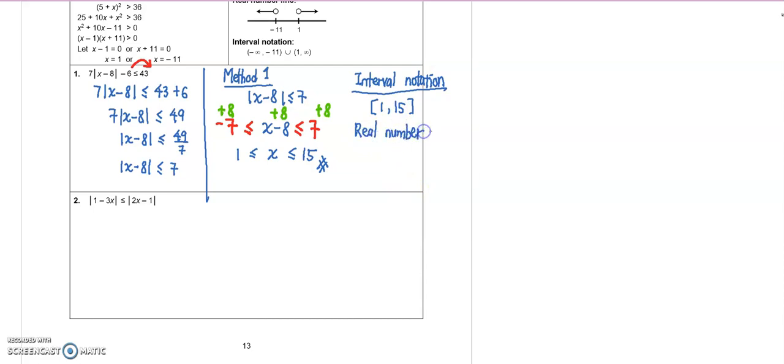For the real number line, now we have two values: one is 1, another value is 15. Both of them are included. And then this is in between, so in between, here is our line. So this is the interval notation, and here is the answer for the real number line.